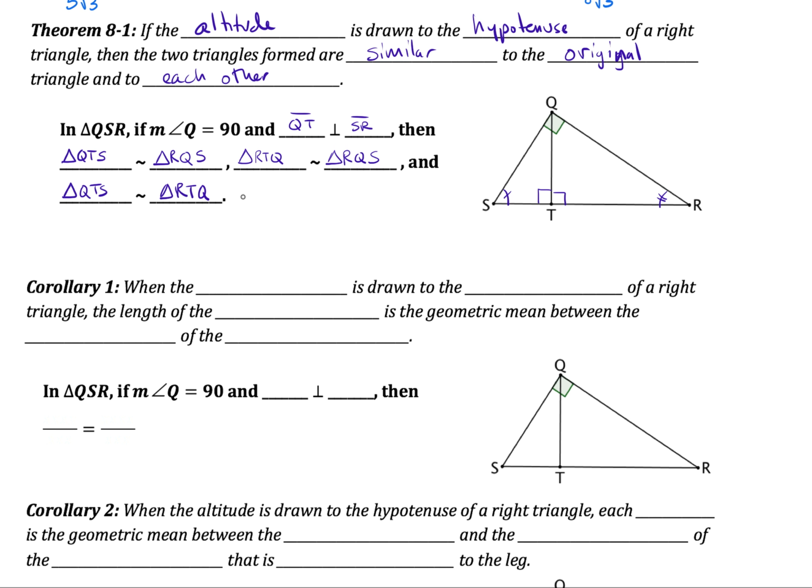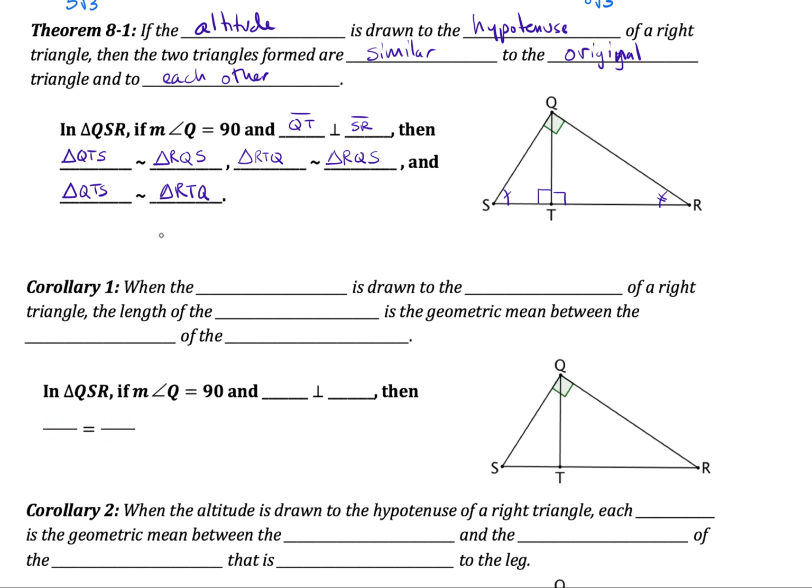Now what that means is, of course, because they're similar, we know that the corresponding angles will be congruent, and also we know that the corresponding sides will all be proportional. And that idea of the corresponding sides being proportional is what leads to the next two things we're going to learn, which is corollary 1 and corollary 2.